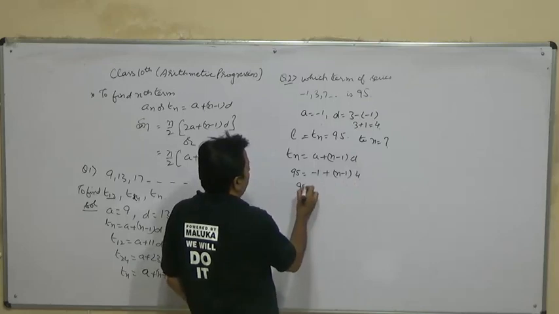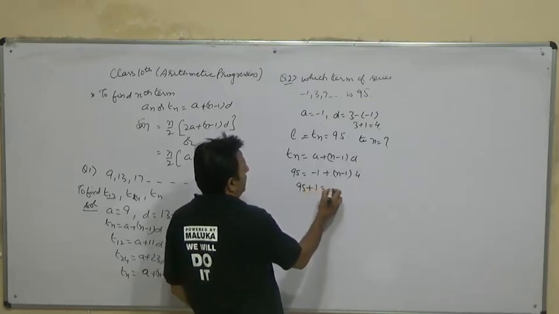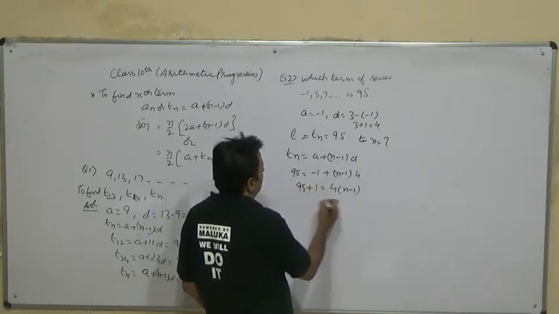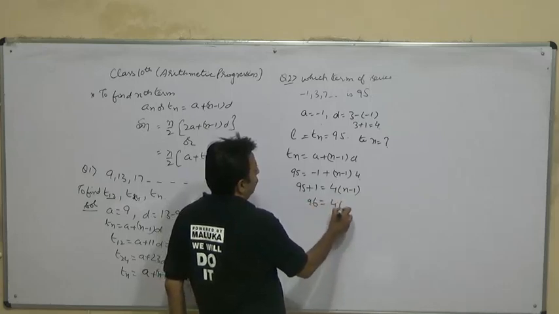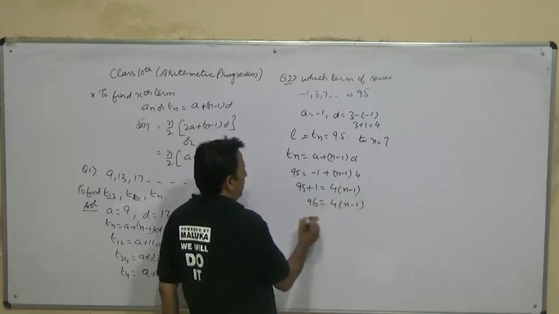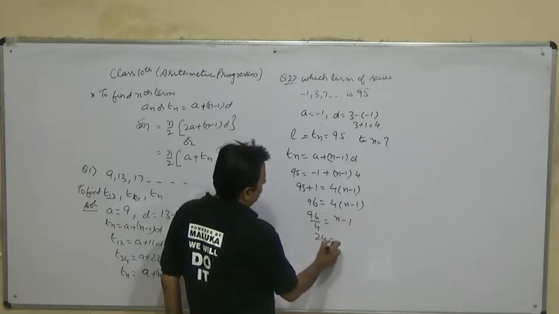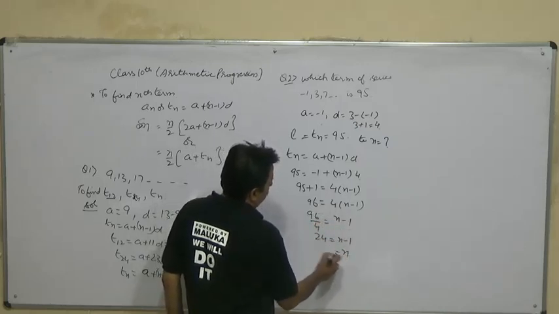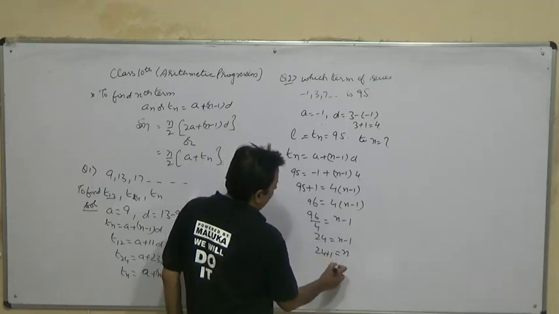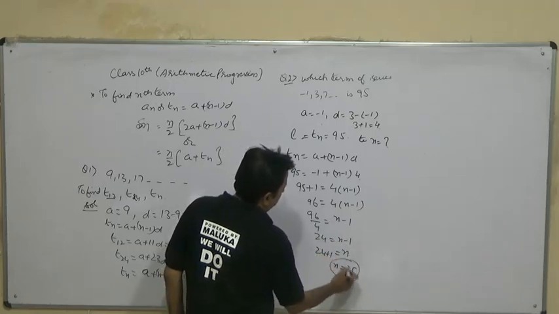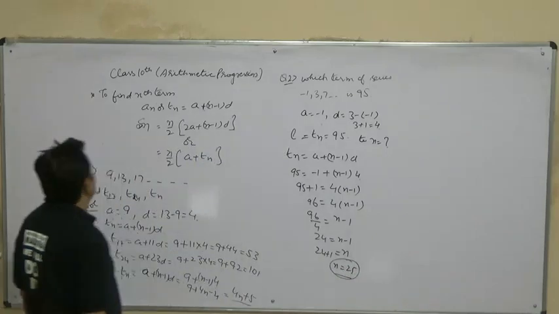So 95 plus 1 becomes 96, is equal to 4 into n minus 1. Divided by 4, n minus 1 is 24, n is equal to 24 plus 1, n is equal to 25. So this will be the required answer.